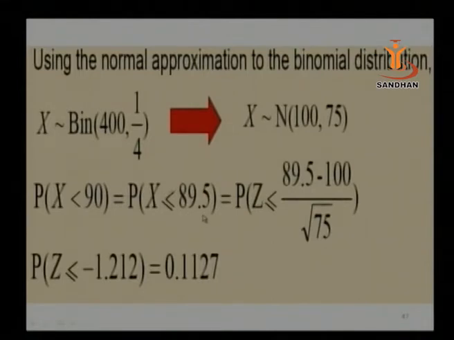We have used the continuity approximation here, and again convert our x into the standard normal variate z, meaning subtract the mean and divide by the standard deviation. So we are getting minus 1.212. And now you know how to look up the Z value table or how to calculate this tabulated value from Excel. You can use both ways. 0.1127 will be the answer, meaning 11.27%.